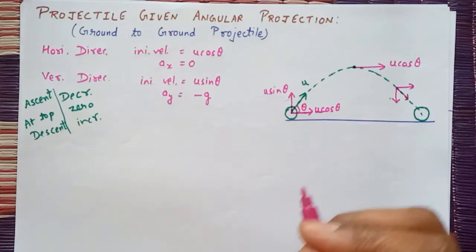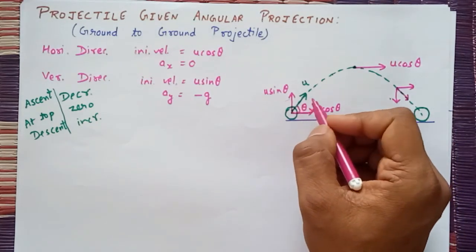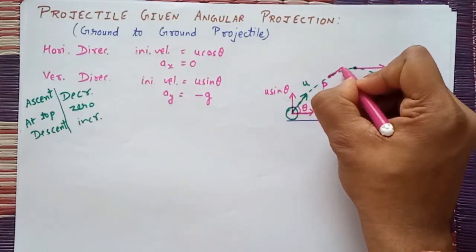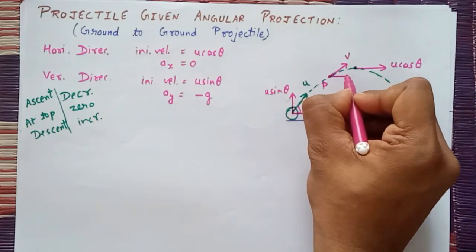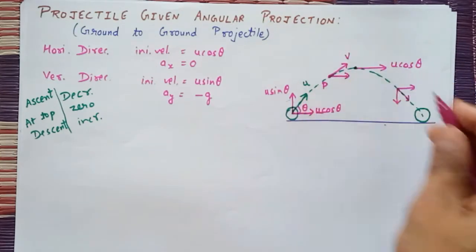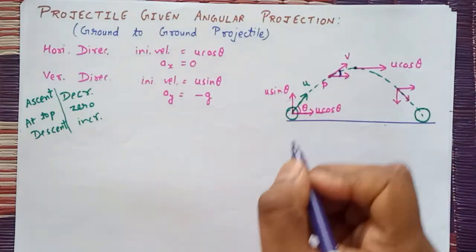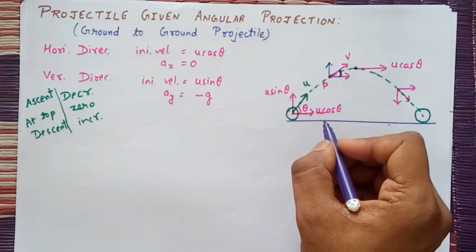One more thing, this angle is theta. If this point is P, then this is the velocity v, and this will be some different angle. So there will be two different components again.